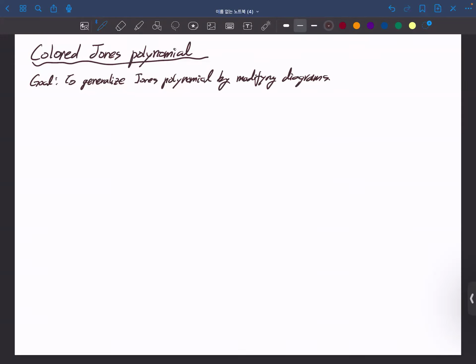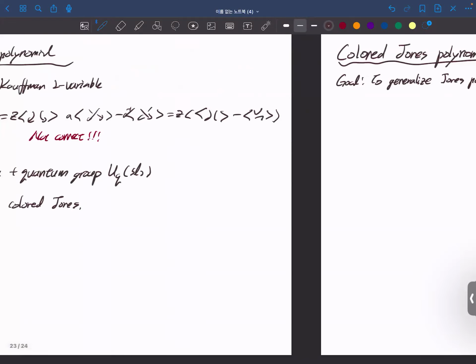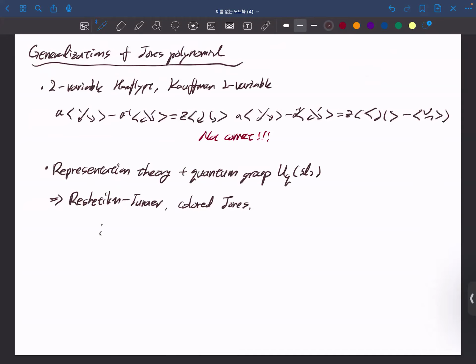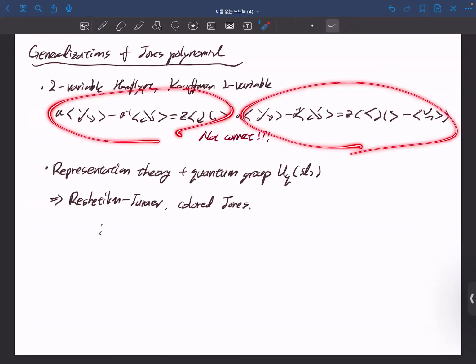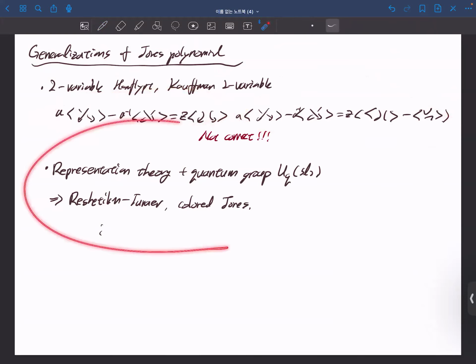What does it mean? In the previous page, I showed two ways to generalize the polynomial invariant. The first one is to change the equality. And the second one is to change the space when we see the representations related to braids and their closures.